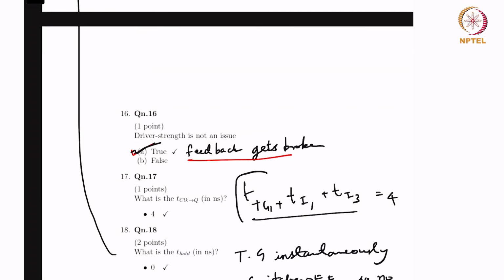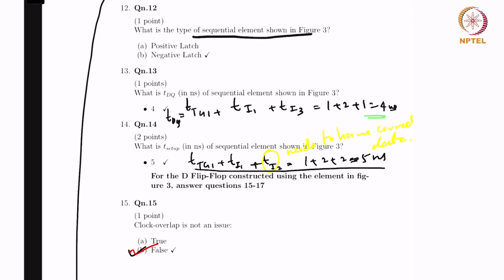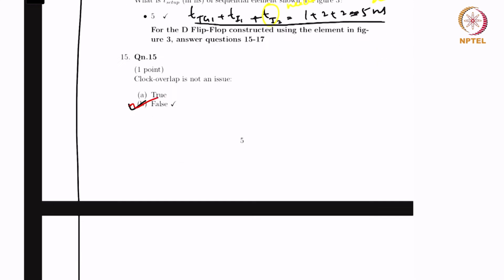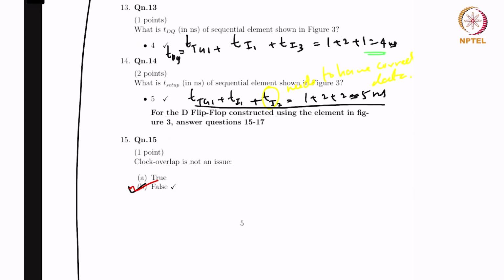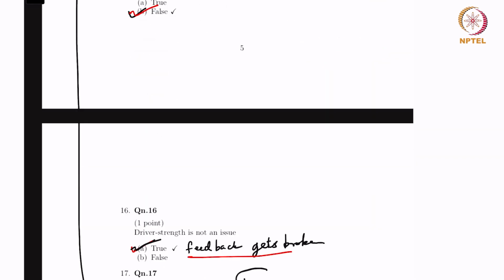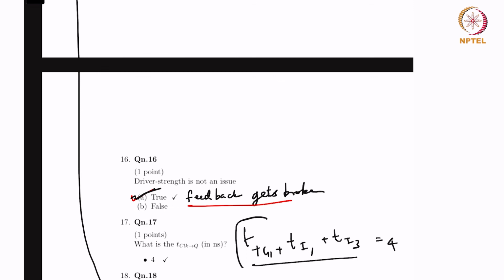Now when you look at what is T hold of the circuit, the transmission gate switches off.